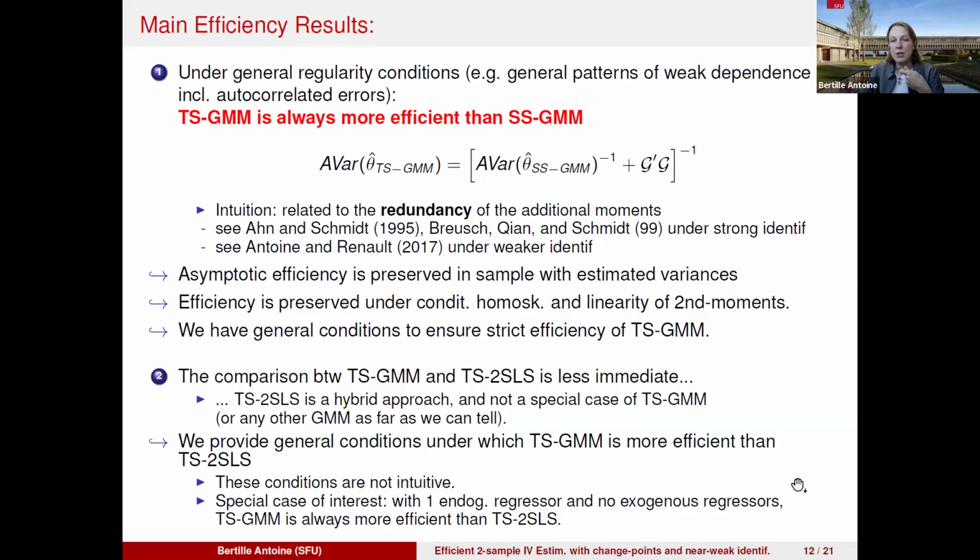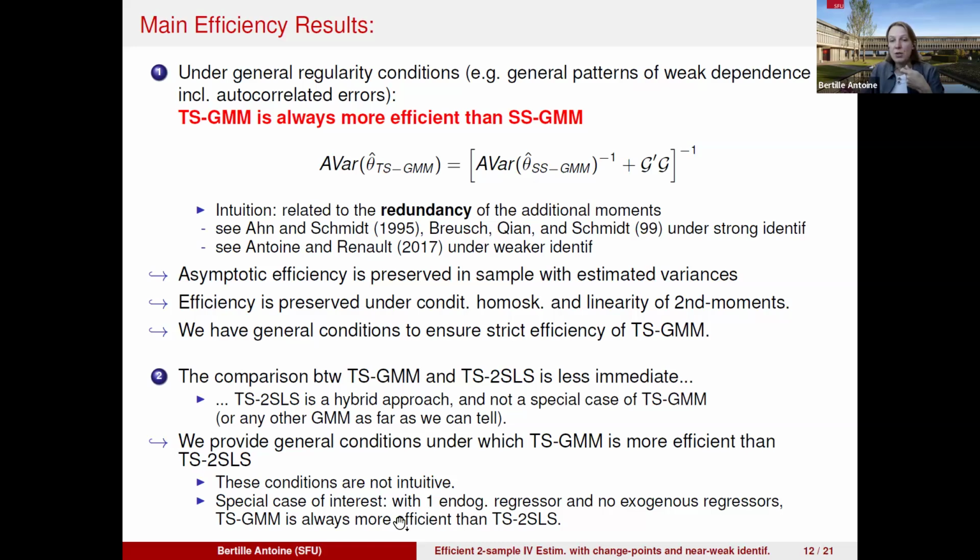In our simulation, two-sample GMM tends to come out on top for a large number of Monte Carlo experiments, but that's all we can say. We also have one special case of interest where we are able to prove that two-sample GMM is always more efficient.